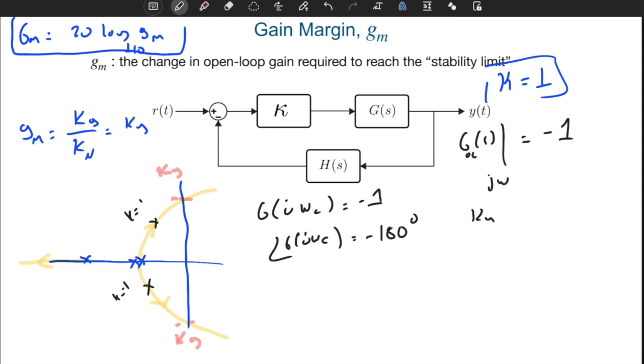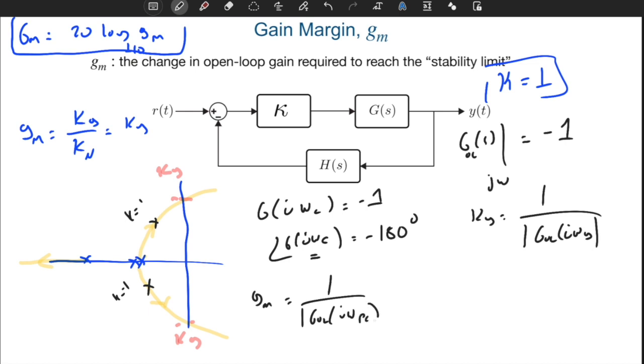We know that K_g is equal to 1 over the magnitude condition of the root locus, G_OL(jω). If I find this frequency, which is called the phase crossover frequency, and compute this quantity, the gain margin in classical or normal units is equal to G_OL(jω) at the phase crossover frequency.